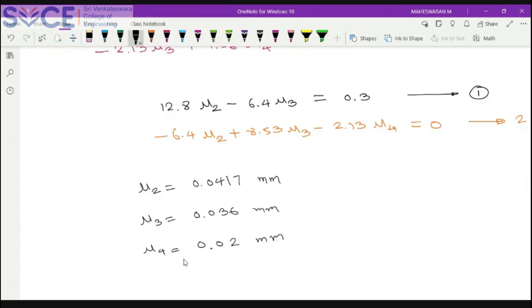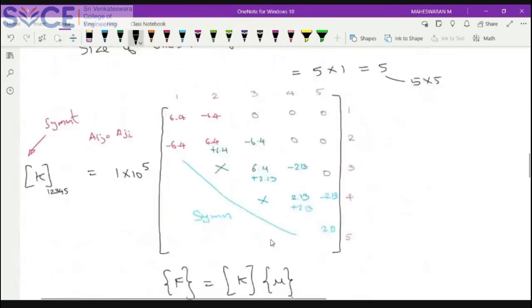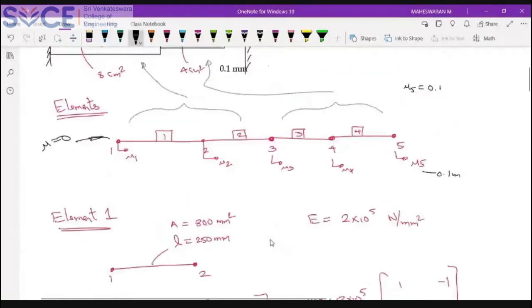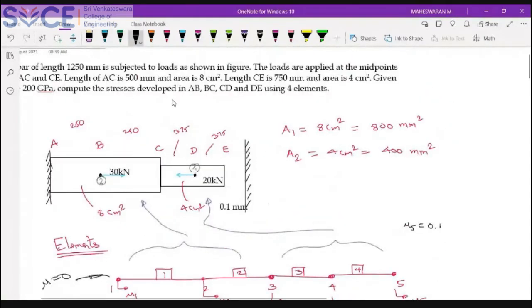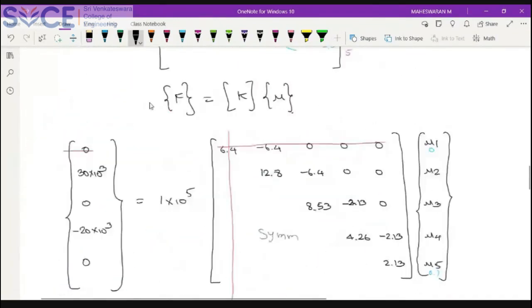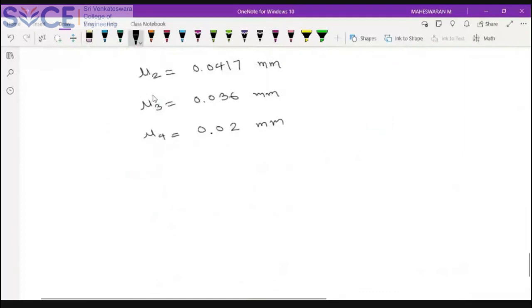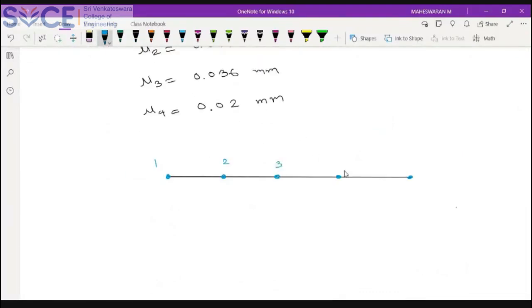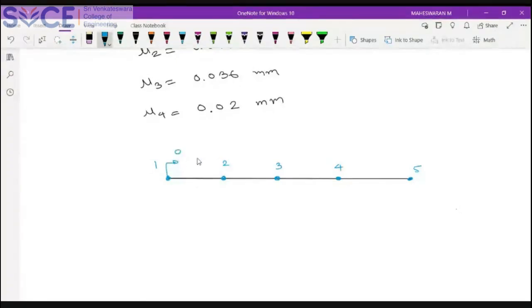Okay, very good. So we got all these values. Now I have to proceed with the stress value. The main problem is to identify the stress in each element. So we have the nodal points 1, 2, 3, 4, and 5. This one is 0, you don't have displacement here.